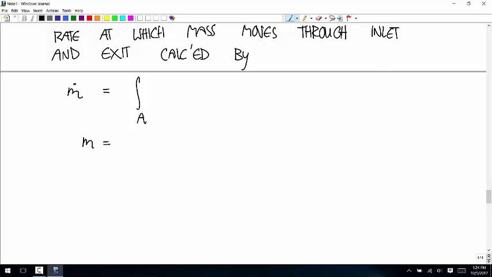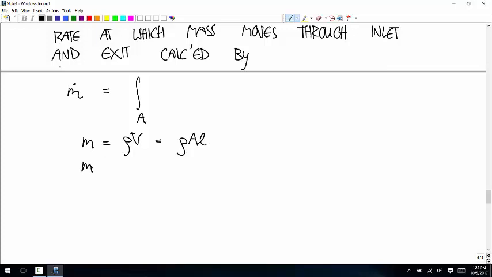Mass is equal to the density times the volume, right? And you can rewrite that volume as the area times the, let's say, the length, right? If we're thinking of a material moving through this plane.